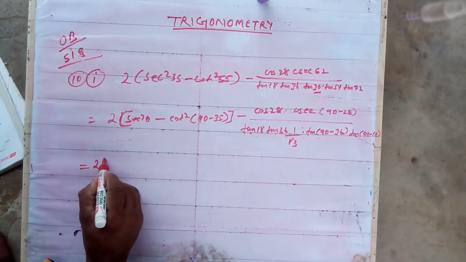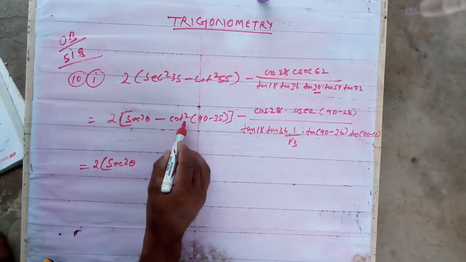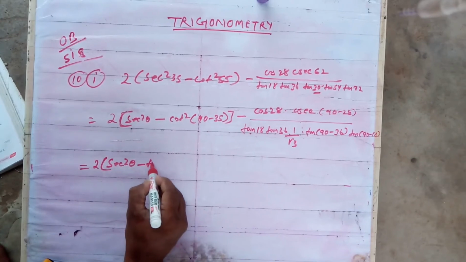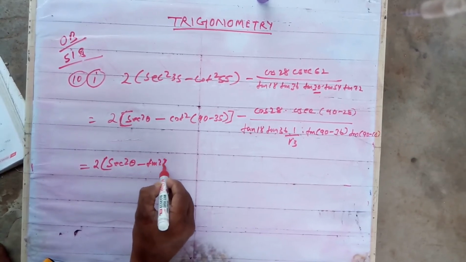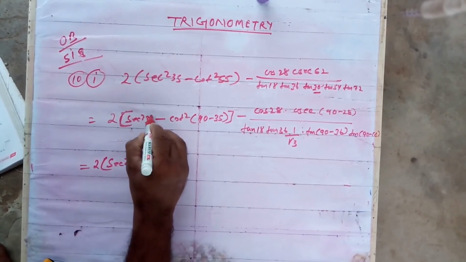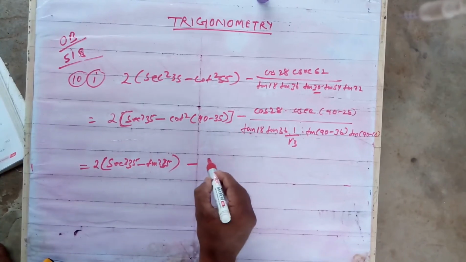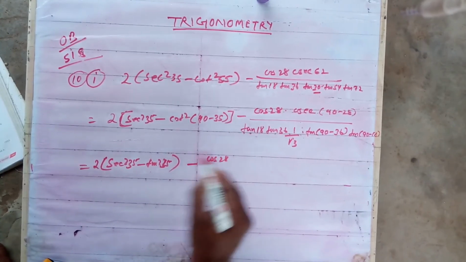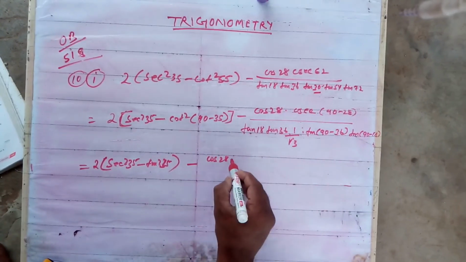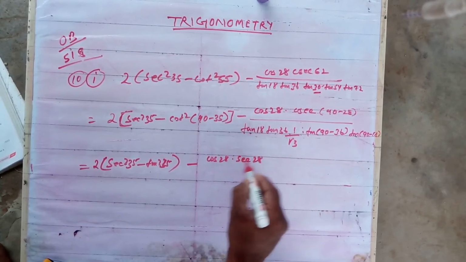So here sec square as usual. Cot 90 minus theta is equal to tan theta. Square is there, means tan square 35. Sorry, this is 35 both, I wrote theta. Minus cos 28 as usual, no change. Cosec 90 minus 28 is sec 28.